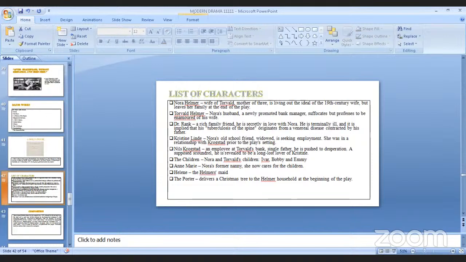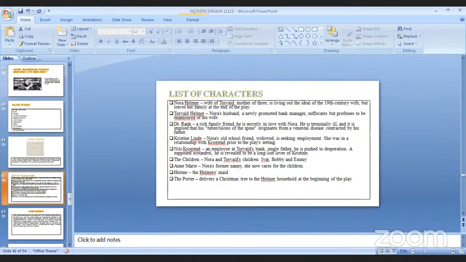Now, if you look at this summary, Nora Helmer once secretly borrowed a large sum of money so that her husband could recuperate from a serious illness. She never told him of this loan and has been secretly paying it back in small installments by saving from her household allowance. Her husband, Torvald, thinks her careless and childlike and often calls her his doll.